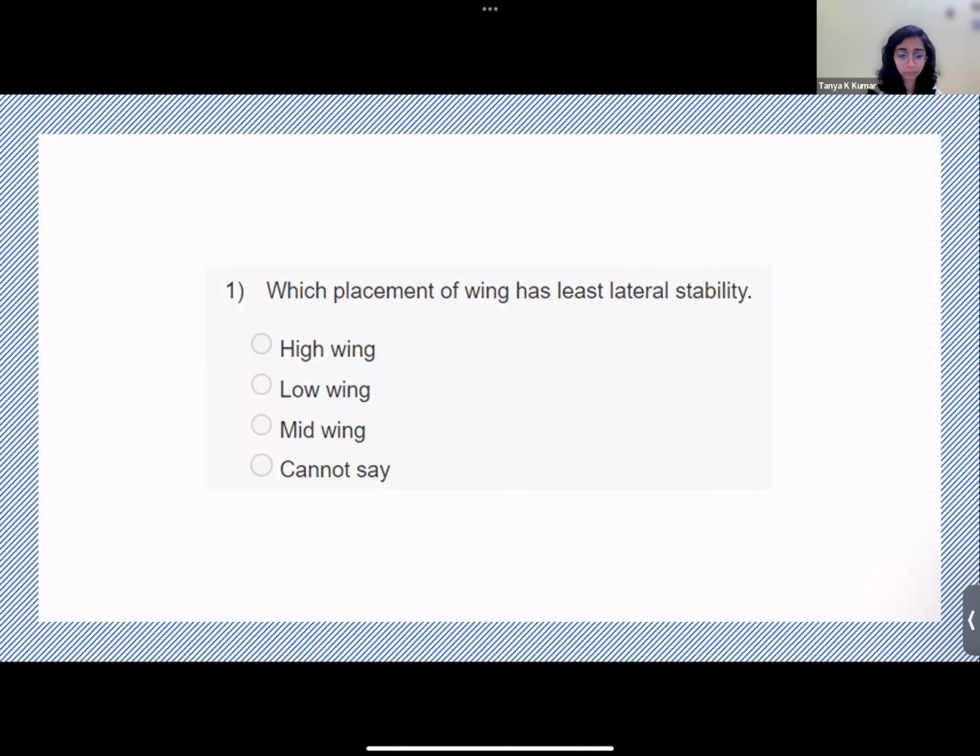Which one do you think? B. Why low wing? Can you try to explain?